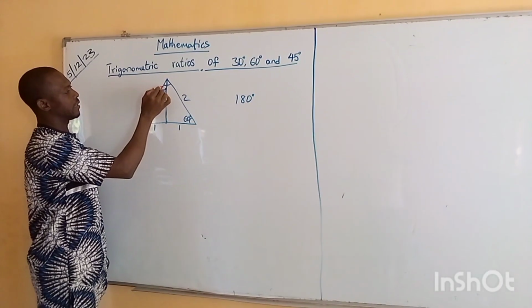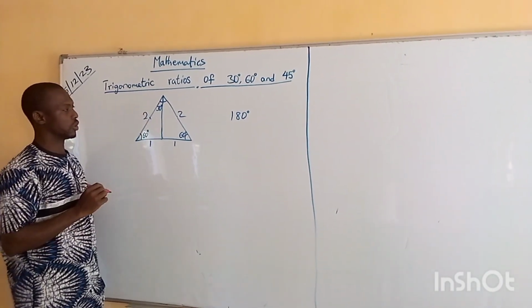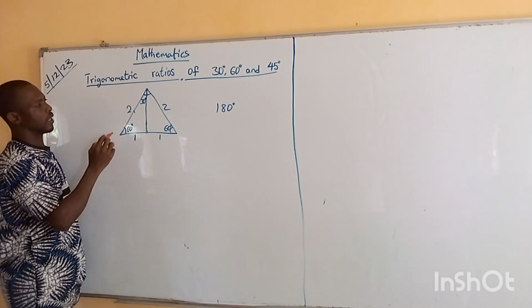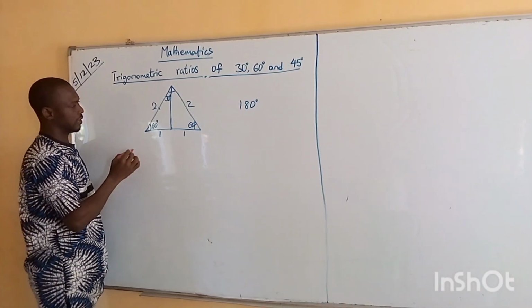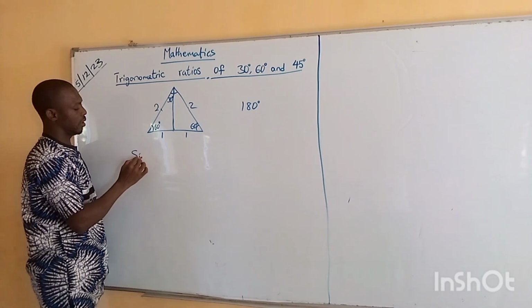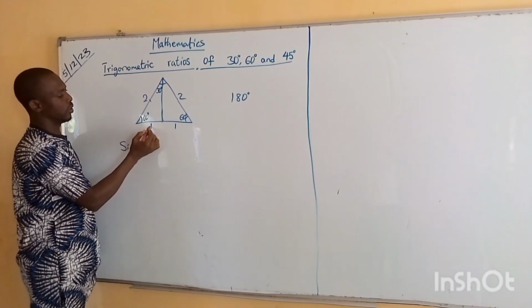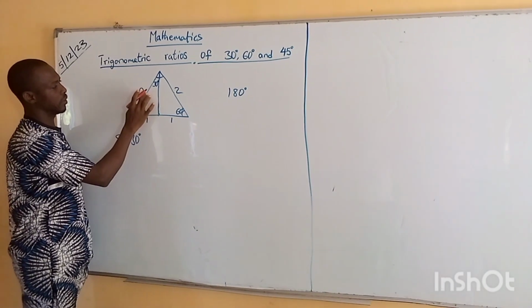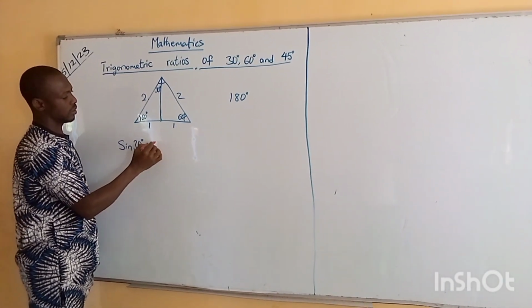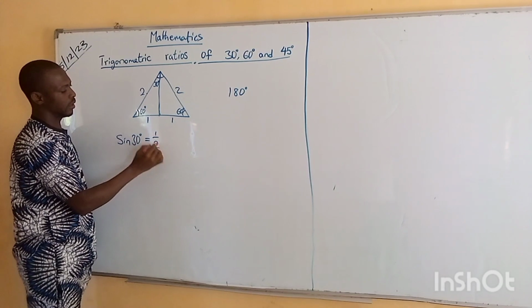Having 30 in this position now, to get the sine for 30, it will be like this. Sine 30 degrees is opposite over hypotenuse, which is 1 over 2.